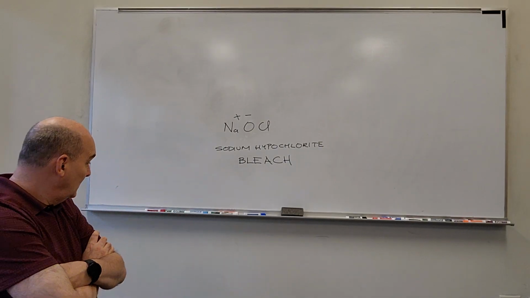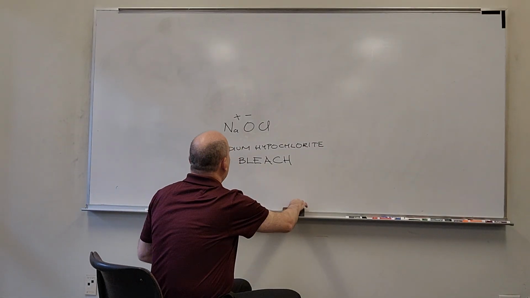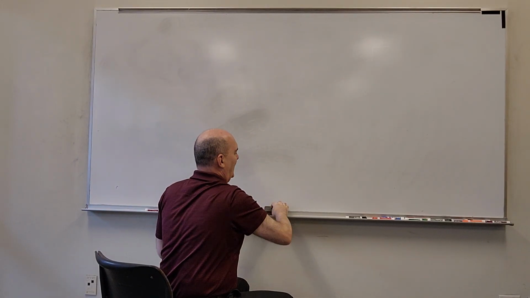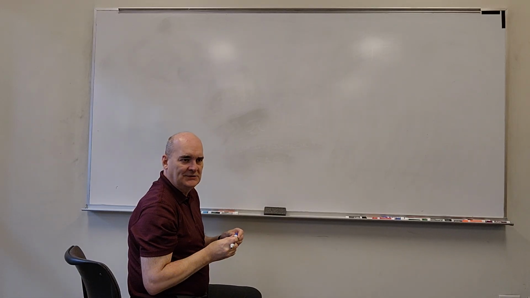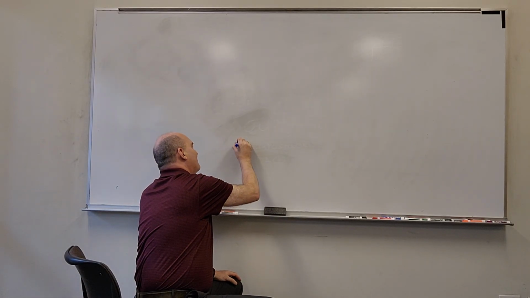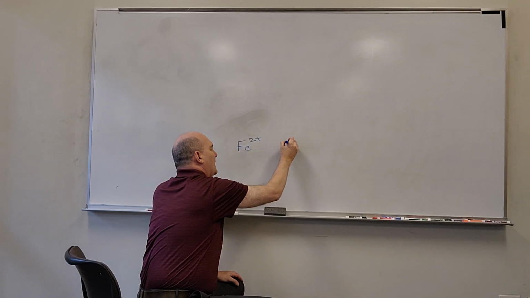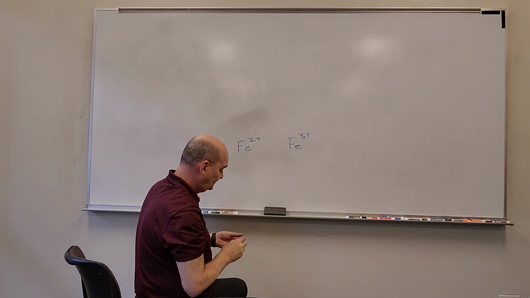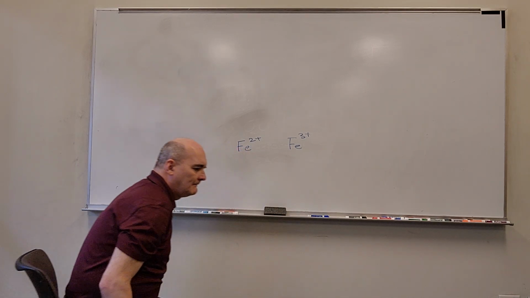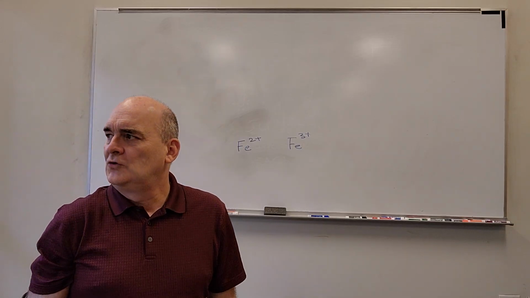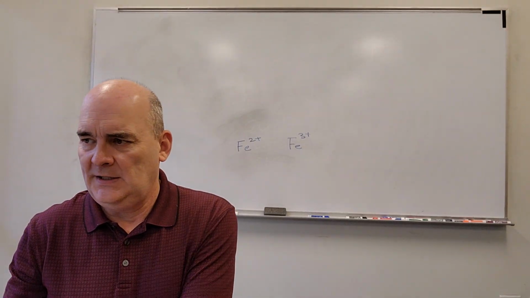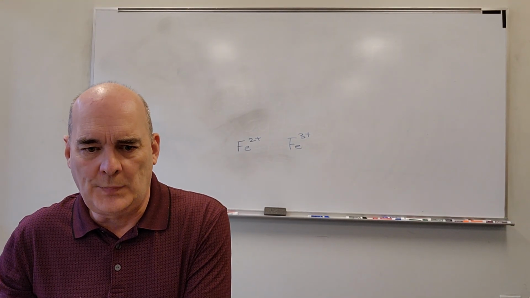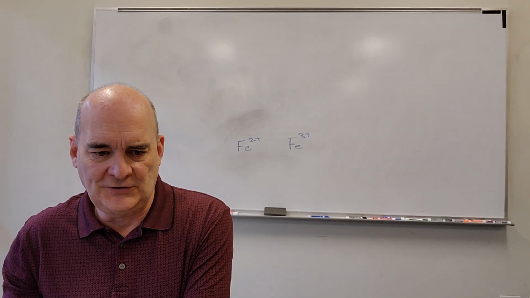Now, iron exists in two major ionic oxidation states: iron 2 plus and iron 3 plus. Two plus is a very abundant and achievable oxidation state.